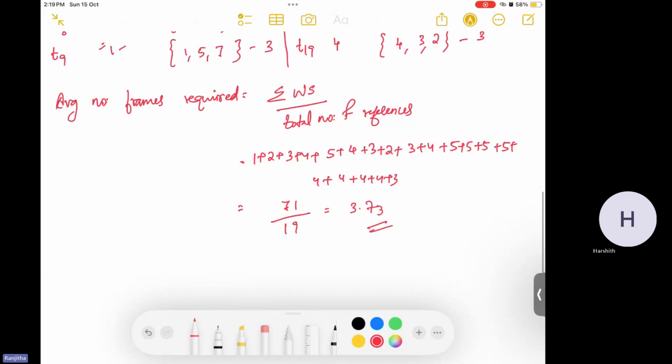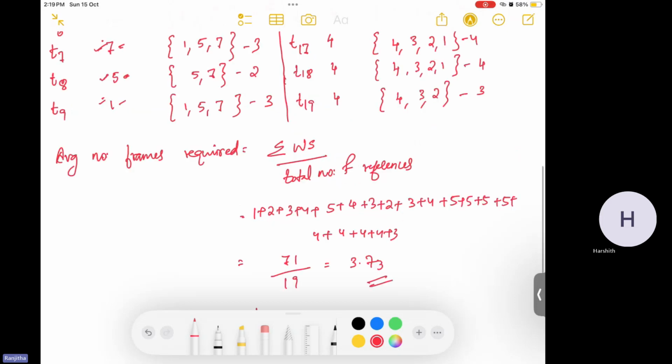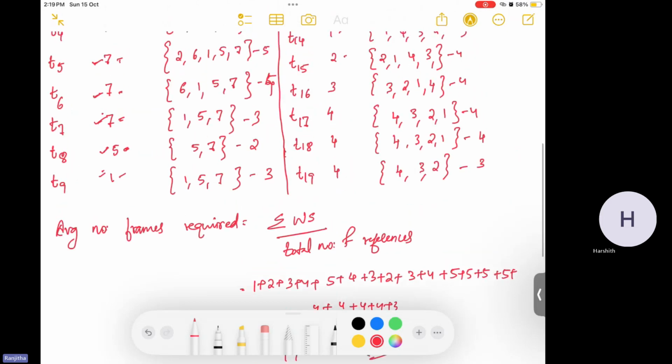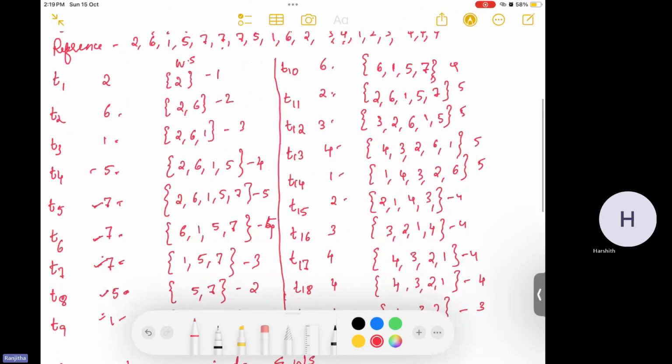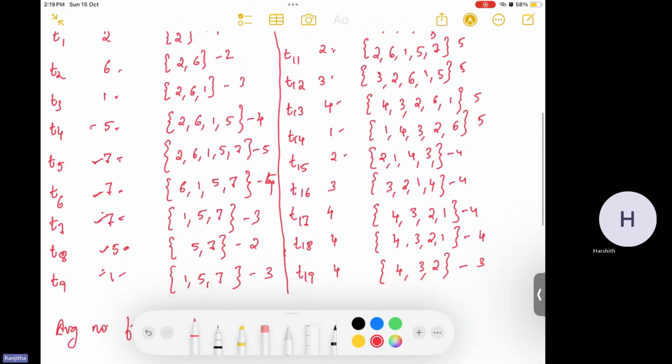So if we have around 4 frames for this particular process, we can ensure that the majority of the time the working set will be in memory, and thus will bring down the page faults.